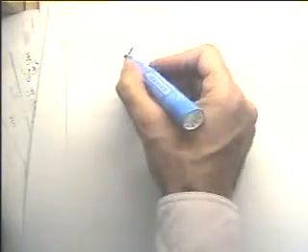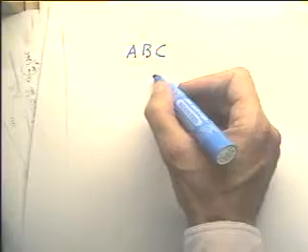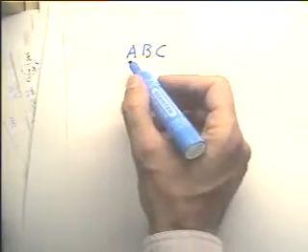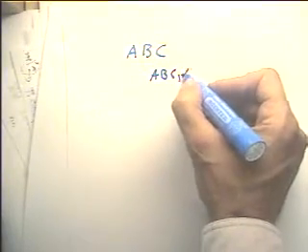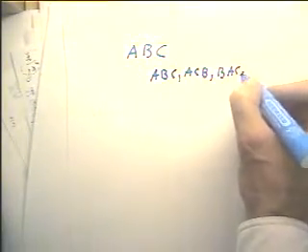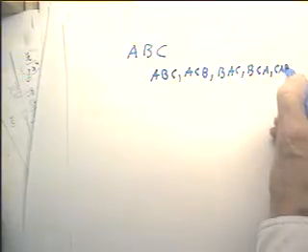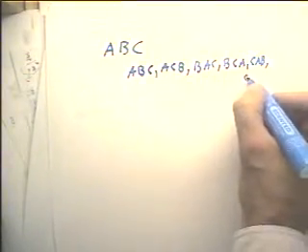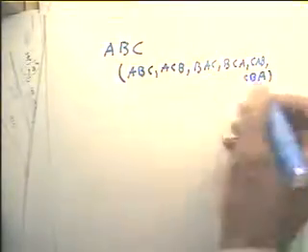For example, if A, B, C is our choice, the orders in which A, B, and C could be chosen might be A, B, C, A, C, B, B, A, C, B, C, A, C, A, B, or C, B, A, listing those orders alphabetically.